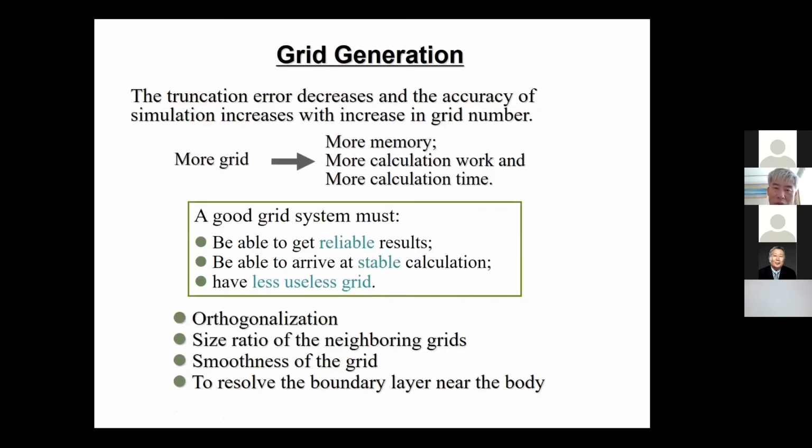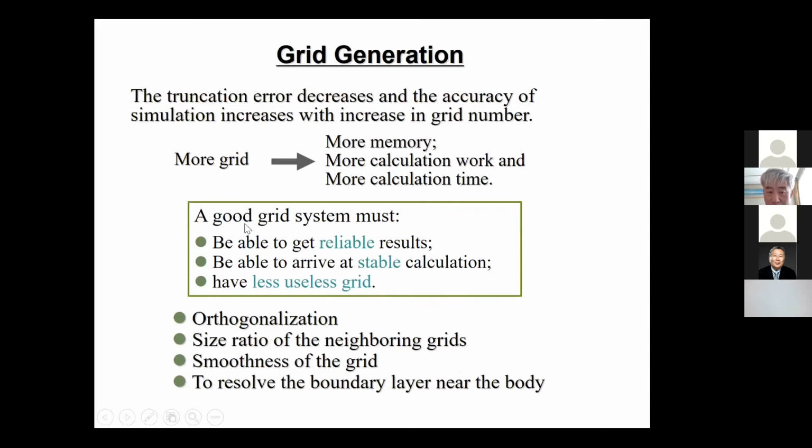But here for CFD, we have grid generation, which we have to pay attention to. The truncation error decreases and the accuracy of simulation increases with an increase in grid number. But the problem is, if you use more grids, you use more memory, you have more calculation work and more calculation time. So we have to pay attention to grid generation.